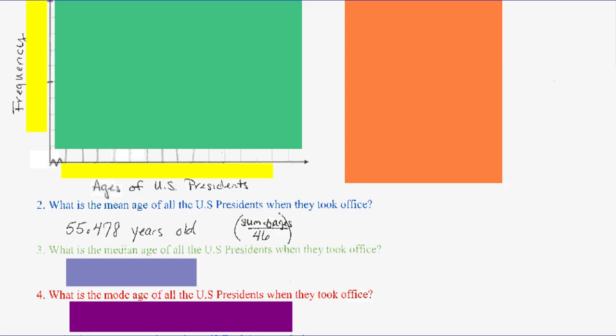Now I want to find the median age for all the US presidents. So the median is I'm starting with one finger on the 42, one on the 78, one on the max, one on the min. And we're going to work our way to find the middle value. Okay, so when I'm doing that, since there's 46 presidents, I'm going to have 2 middle numbers where I'd have to take the average.